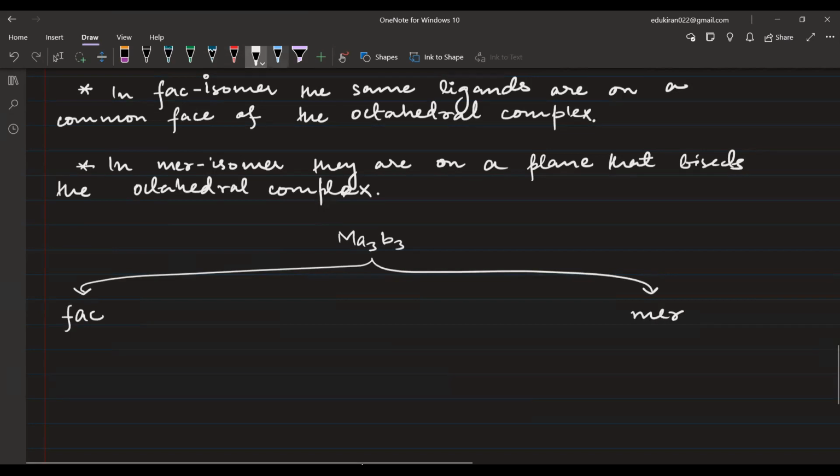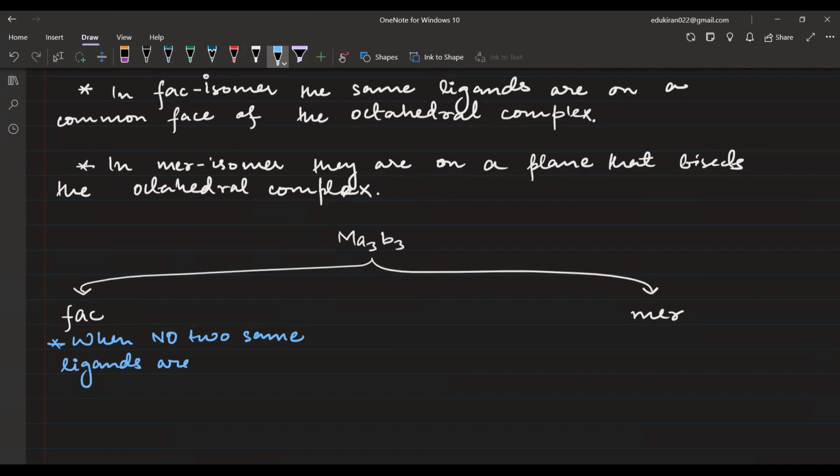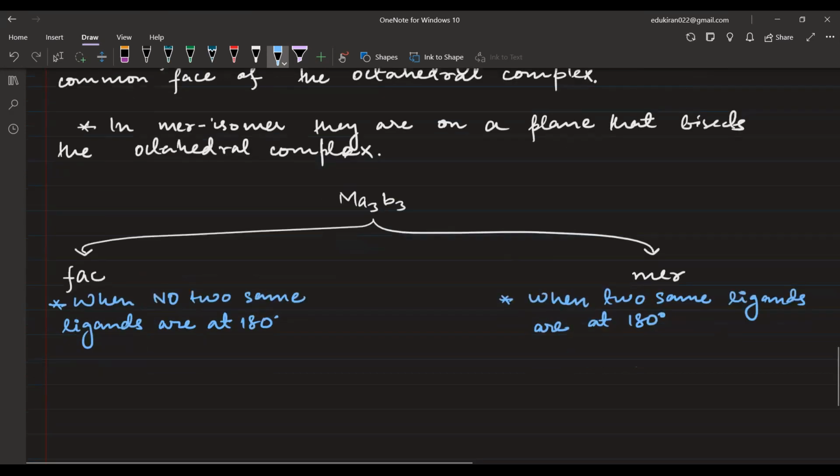Now, in FAC isomer, we say a complex is in a FAC isomer when no two same ligands are at 180 degree. And we say MER isomer is when two same ligands are at 180 degree.